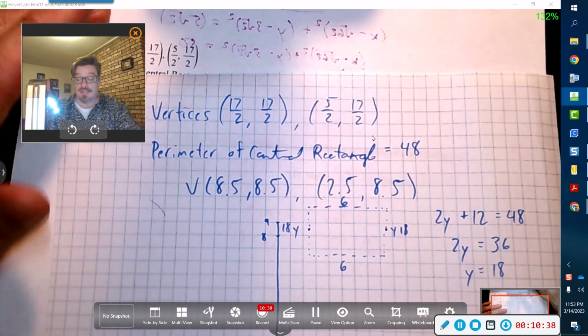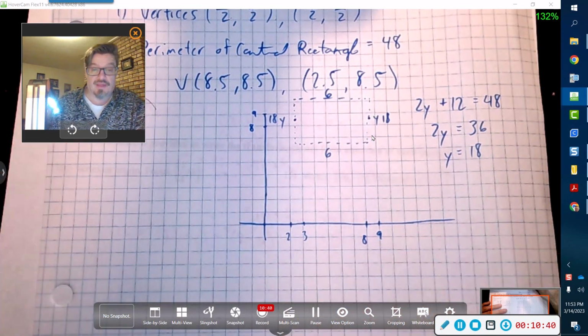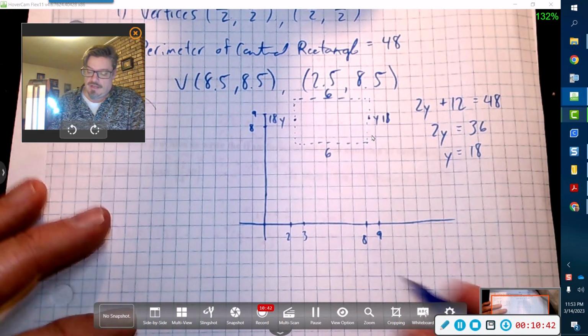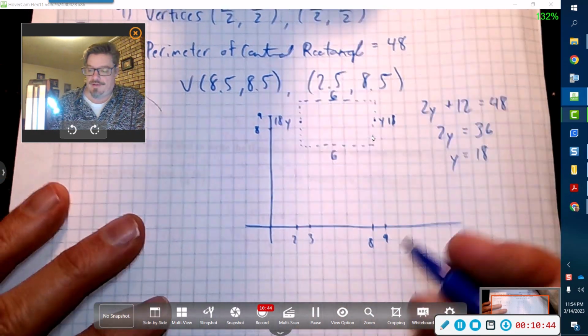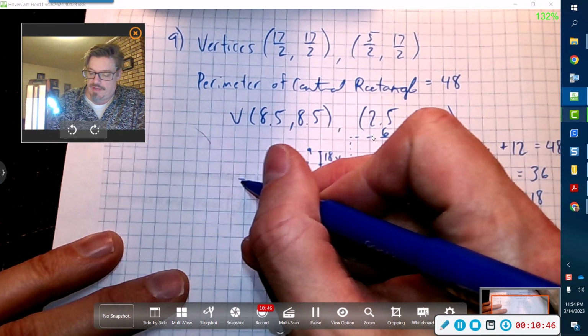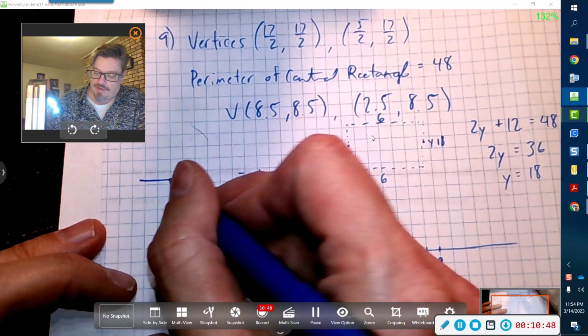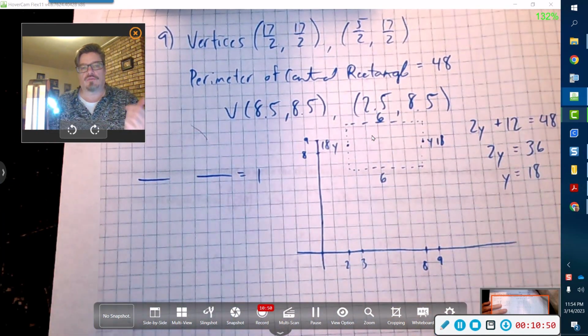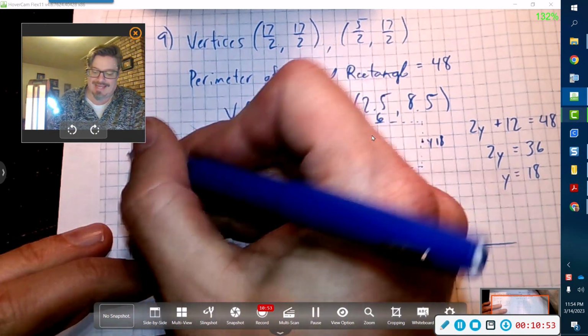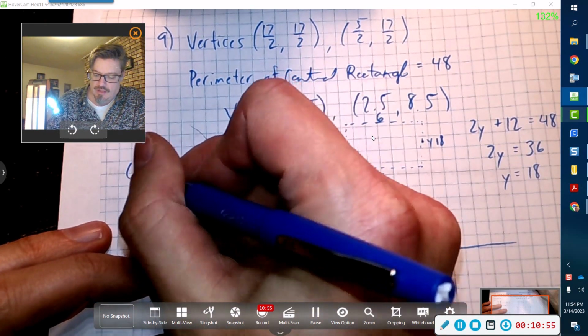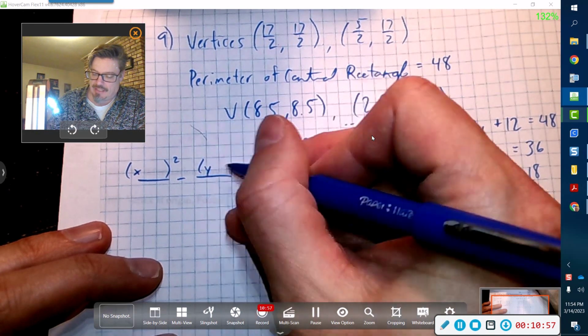So this means that the equation of this guy is now pretty much done. You know it has to equal 1. You know that you're going to have two fractions. You know this guy goes this way, so x has to go first. There's a minus in between.